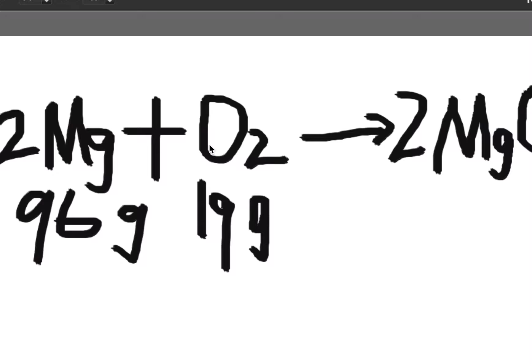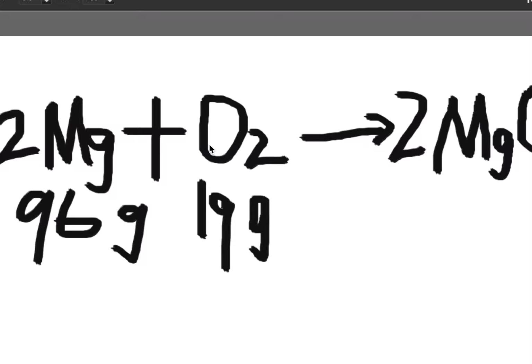So you do 2 moles divided by 2, which is the number of moles of oxygen needed to react fully with 96 grams of magnesium. The number of moles of oxygen is 1 mole then.